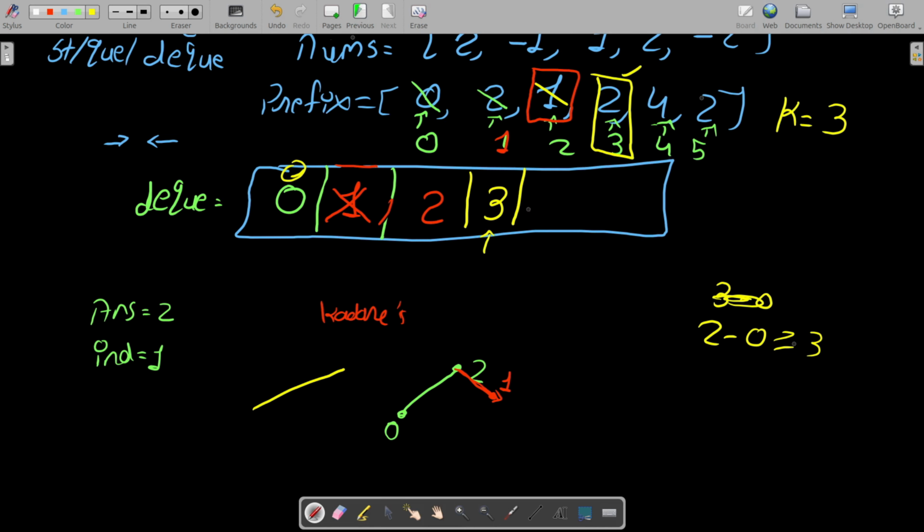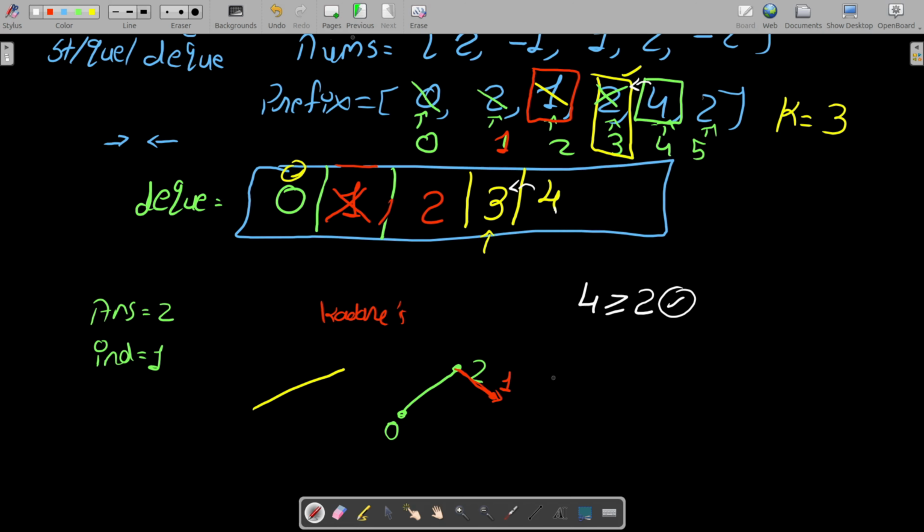Now we reach the fourth index. So now focus on this. Now we are at the fourth index. Let me take the white color, and I have inserted. So we are checking that 4 is greater than or equal to 2 or not, because of the previous index check. It is satisfying the condition, that's why we have added it here.